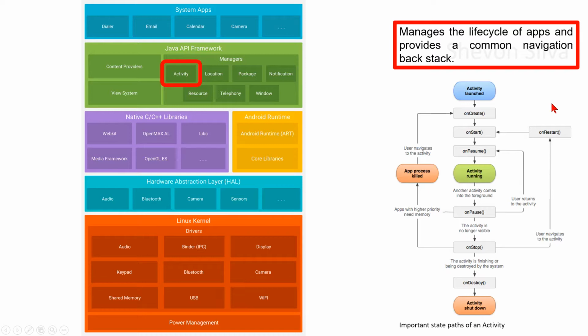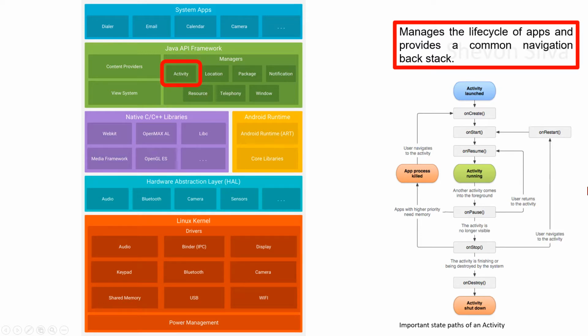The visible lifetime of an activity happens between a call to onStart until a corresponding call to onStop. During this time, the user can see the activity on screen, though it may not be in the foreground and interacting with the user.